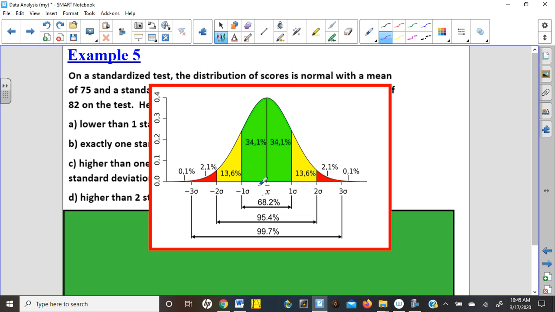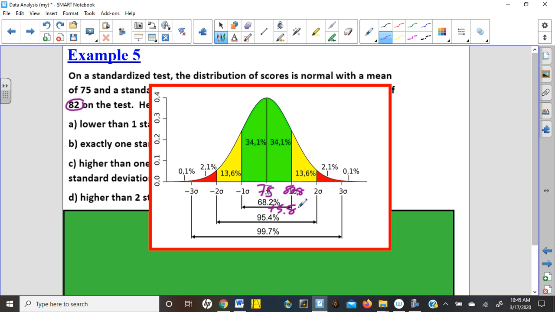So 75 is the average on this test, and 5.8 was the standard deviation. So I'm going to add 5.8, and that's going to become 80.8. 80.8 is 1 standard deviation. Now remember, her score was an 82, so she's definitely above that.